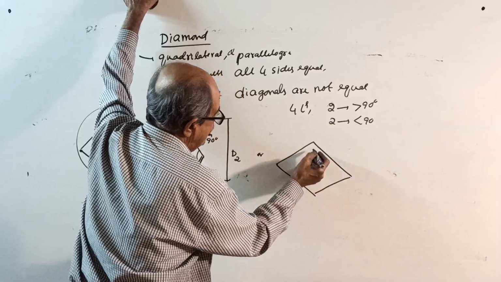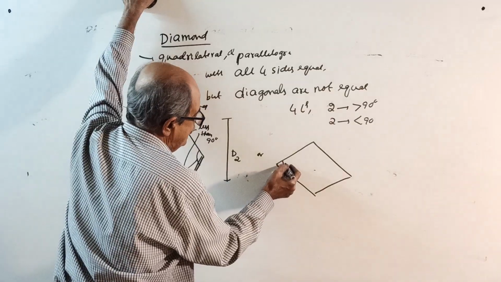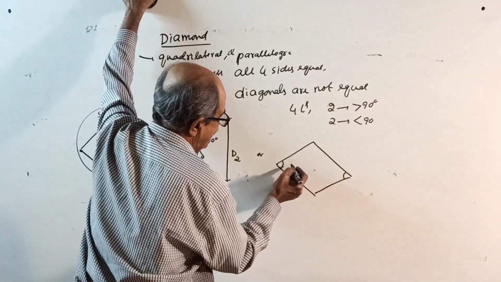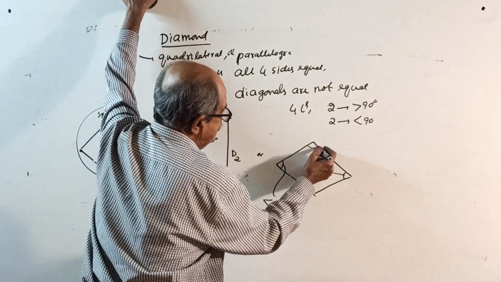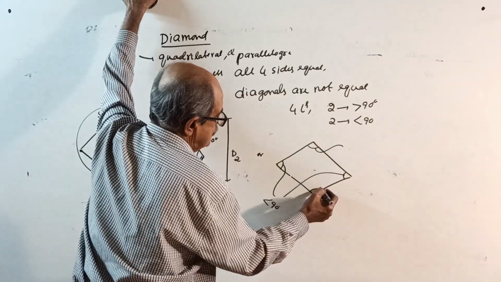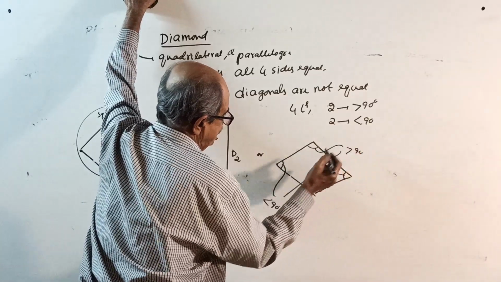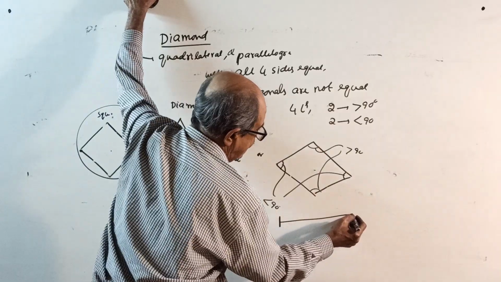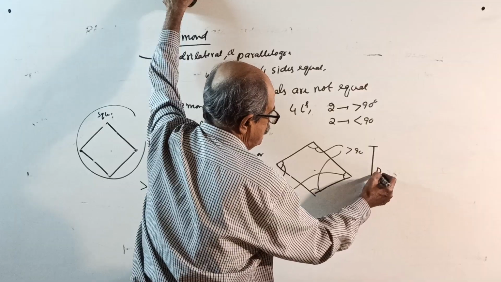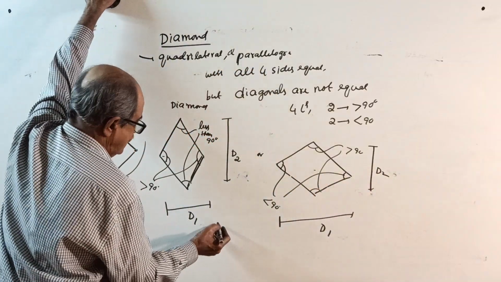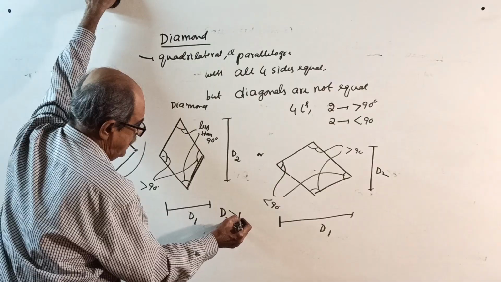Okay, somewhat okay. Here, this angle and this angle are less than 90 degrees. These two are more than 90 degrees. Now, here, this is D1, this is D2. Here I have put D2 more than D1.